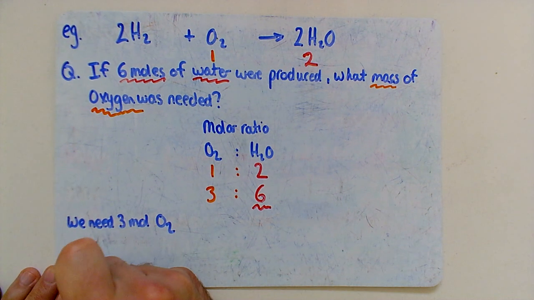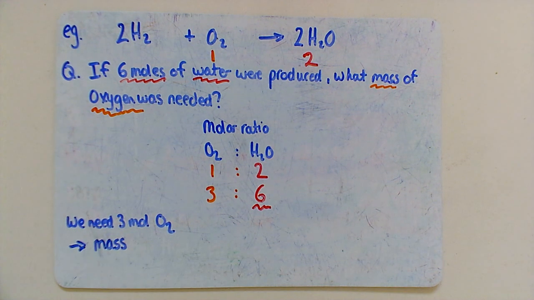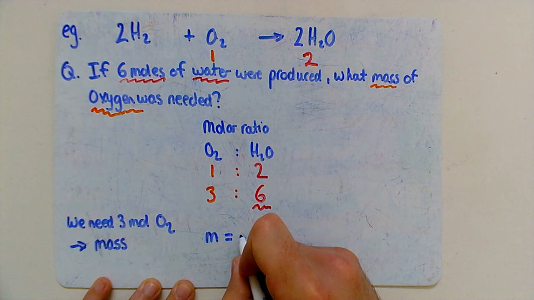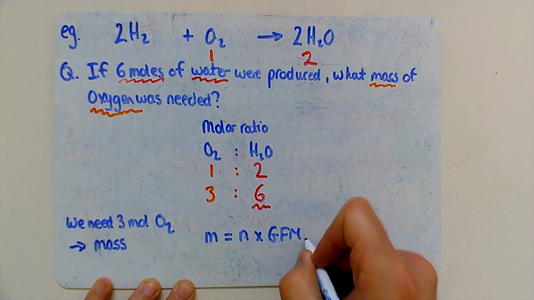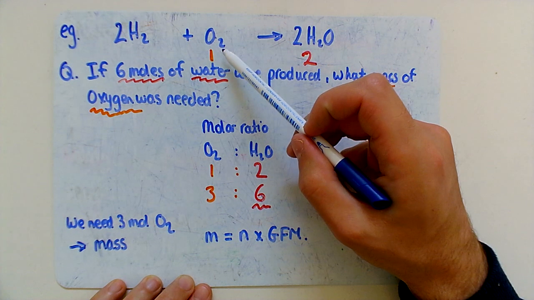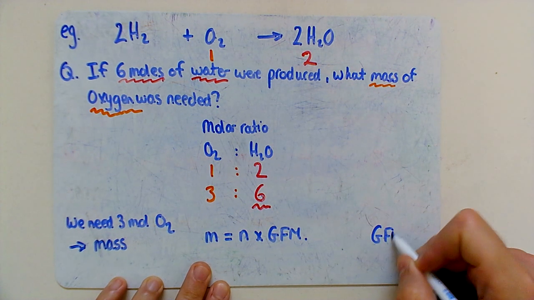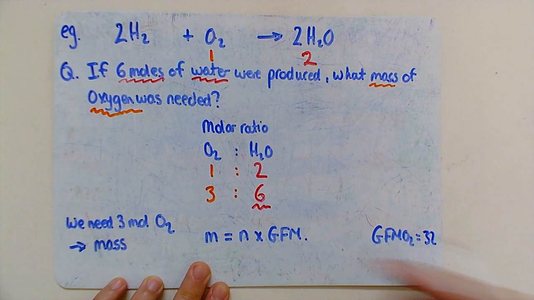And we need to find out the mass. And the equation is mass is equal to number of moles multiplied by GFM. Now the formula of oxygen is O2 and the GFM of O2 is 32.